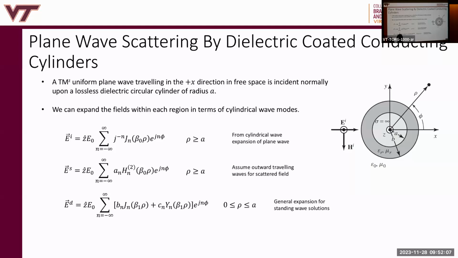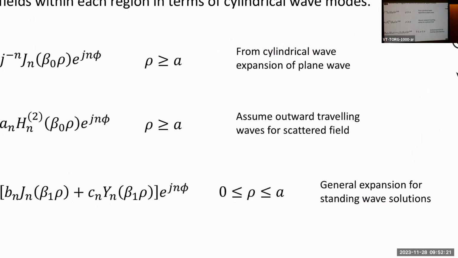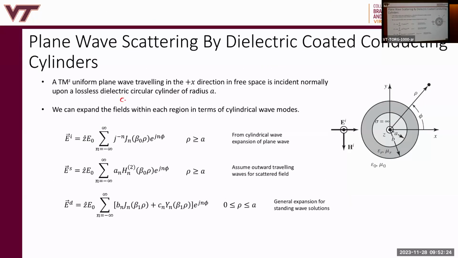It's traveling in the X direction in free space, and it's incident normally upon a lossless dielectric circular conducting cylinder of radius A. Or, oh no, so it should say a lossless dielectric coated conducting cylinder. We can expand the fields within each region in terms of cylindrical wave modes.